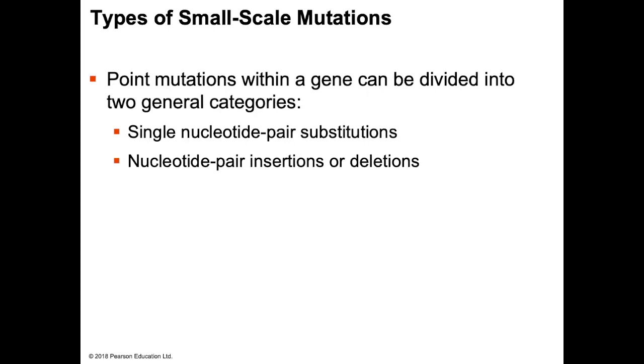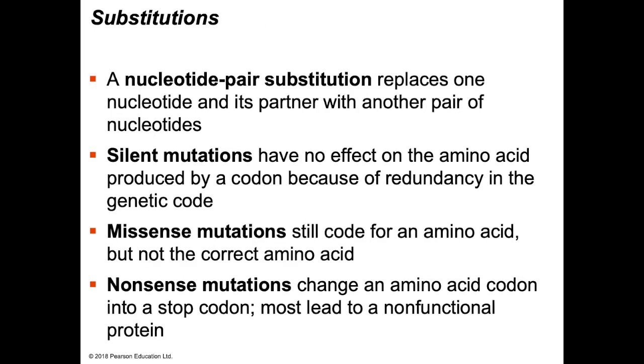There are different types of small-scale mutation. So the point mutations, we have the single nucleotide pair substitutions and nucleotide pair insertions or deletions. So during substitution, there is something called nucleotide pair substitution, which replaces one nucleotide and its partner with another pair of nucleotides.